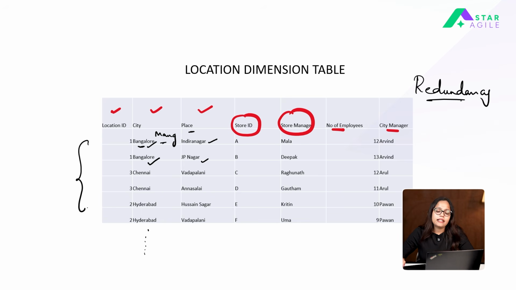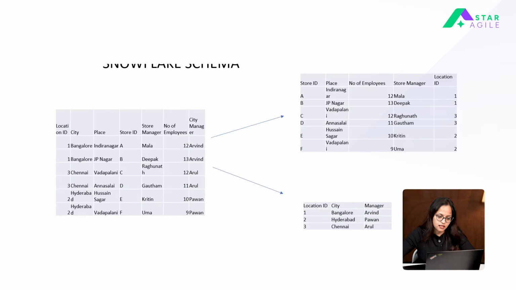So which is why in snowflake schema, you will be splitting this dimension table into 2 halves, which looks like this. You have the location table here. In dimension table 1, I'm retaining the store ID, the manager and the number of employees information, whereas the location is repetitive here, no issues.